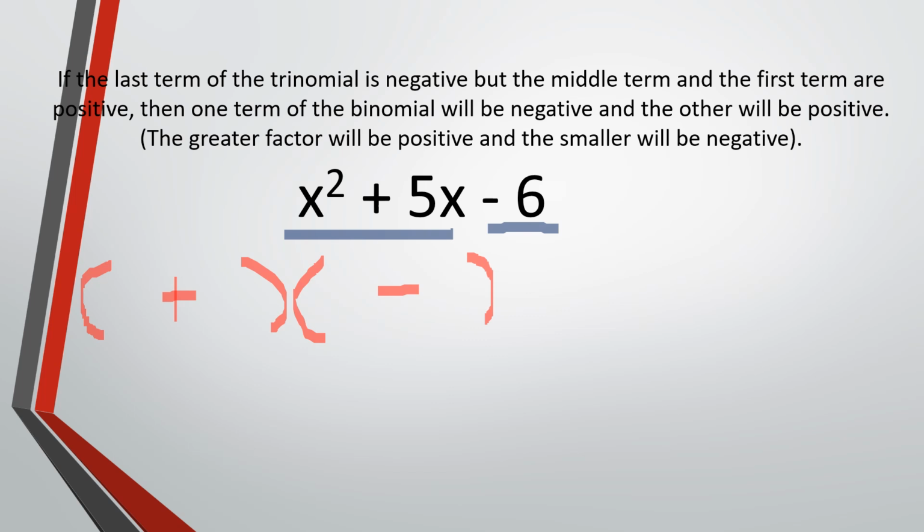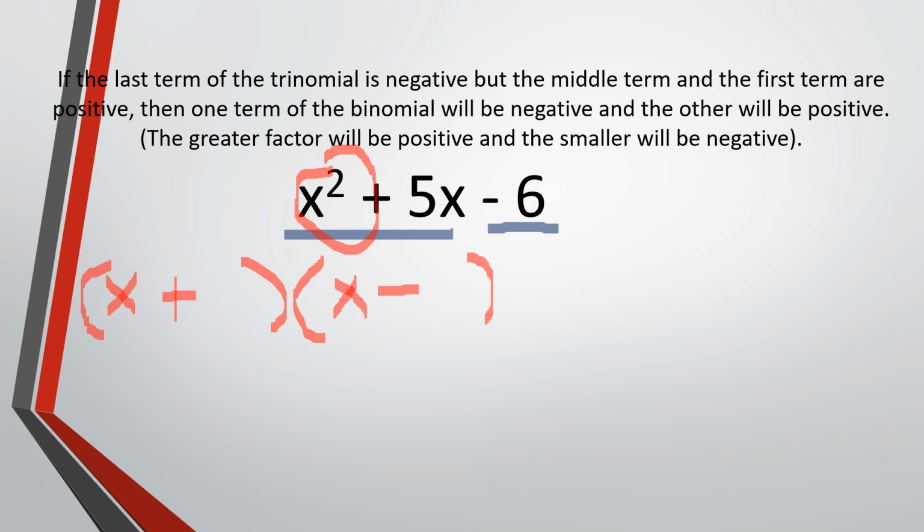The bigger number should be positive and the smaller number should be negative. Now focus on the first term, x squared. That means we multiplied x by x. So x here and x here.